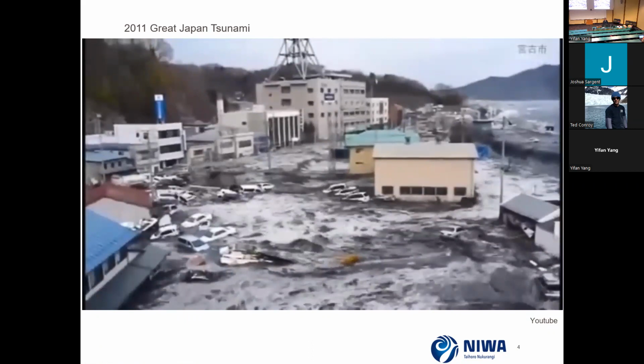The tsunami was caused by an earthquake in the ocean off the Japanese coast.